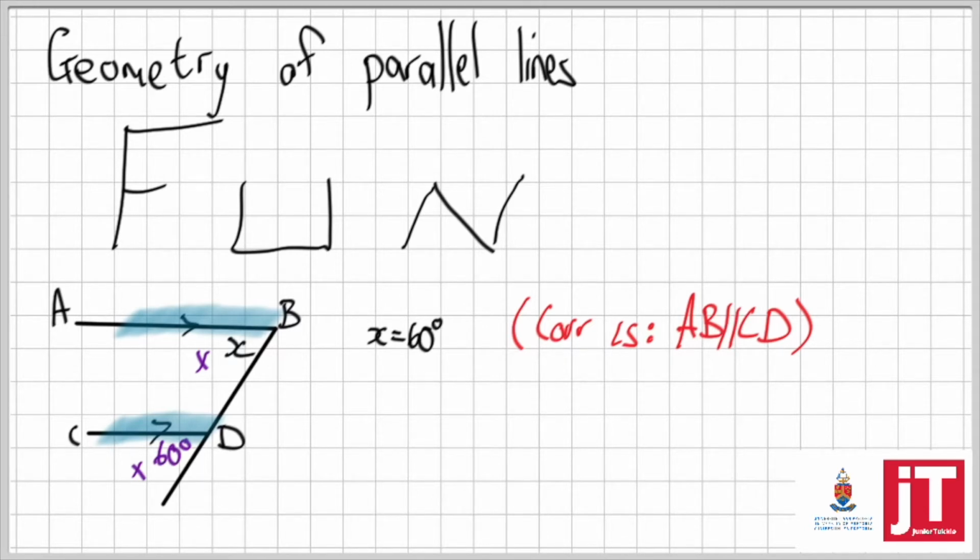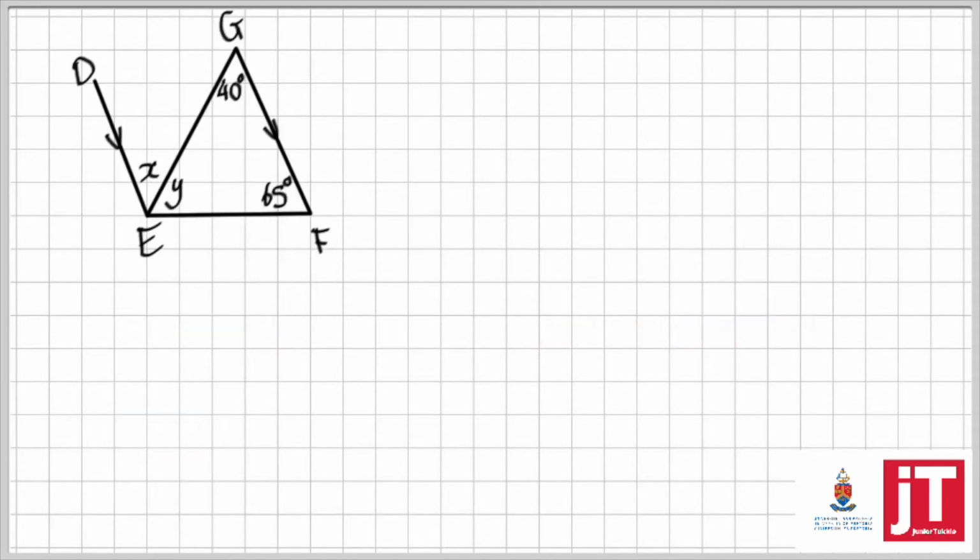Now let's look at a bit more of an interesting one. What if I give you this question like this and I tell you solve for x and y? Please go for it. Try it yourself first before you look at the rest of the video.